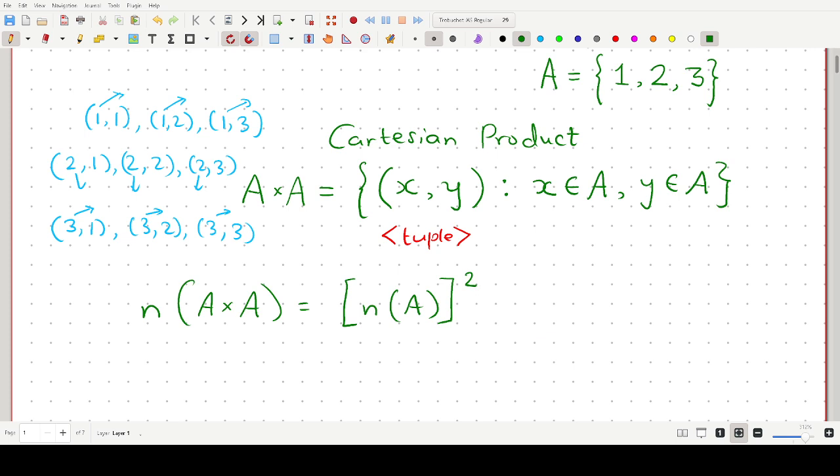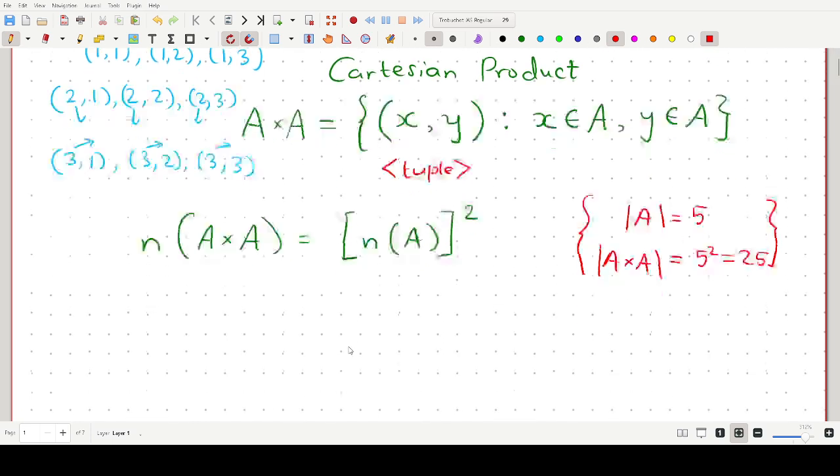Well, if you consider the cardinality of set A to be equal to 5, then the cardinality of A cross A, the Cartesian product of the set A with itself, would be 5 square, that is 25. Well, in this case, it is 9. You can verify that yourself.